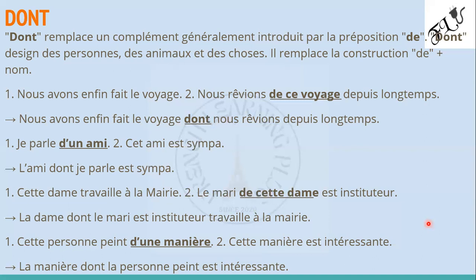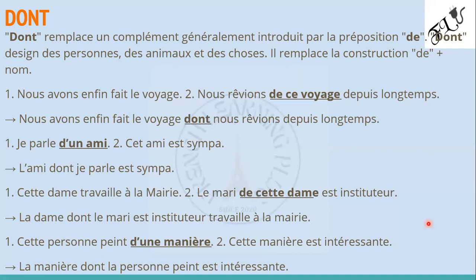Let's go. Nous avons enfin fait le voyage. Nous rêvions de ce voyage depuis longtemps. So this verb is rêver de. That is this construction, rêver de. Rêver de quoi? Rêver de quelque chose. So here you have de ce voyage.